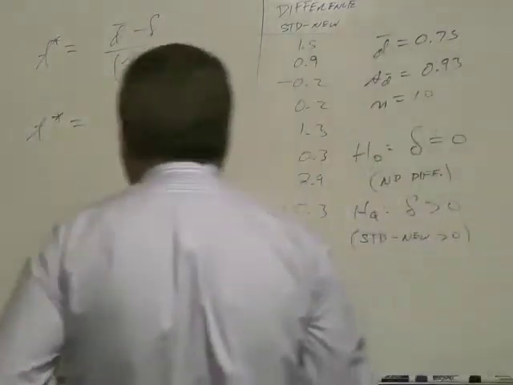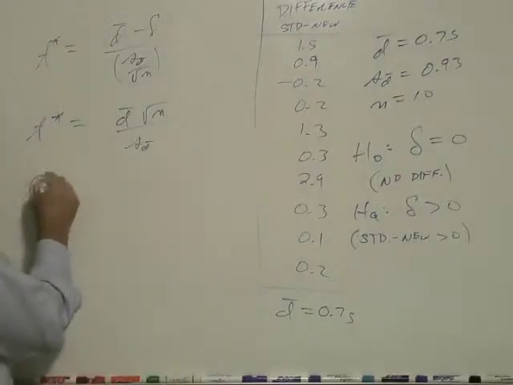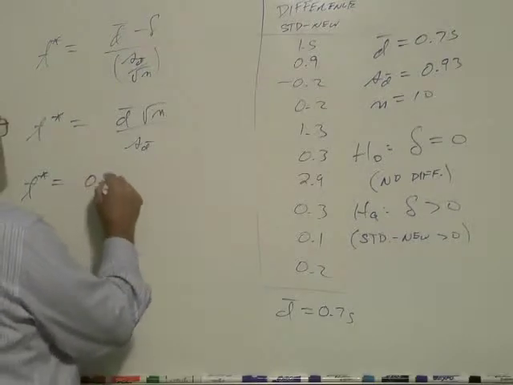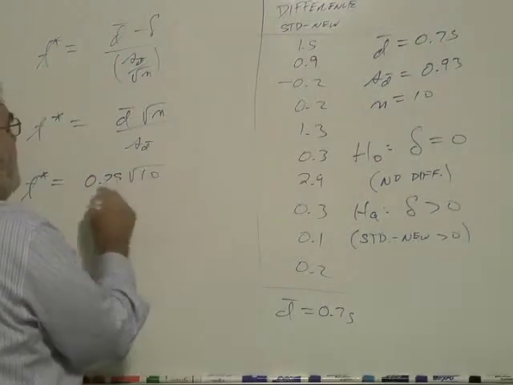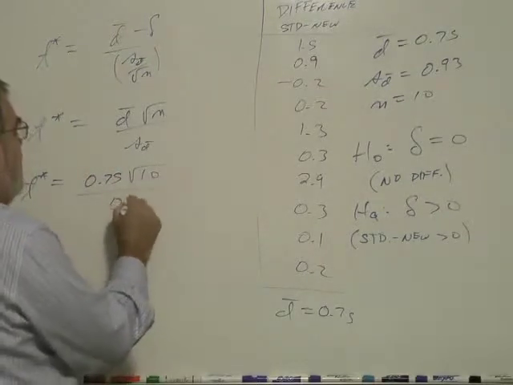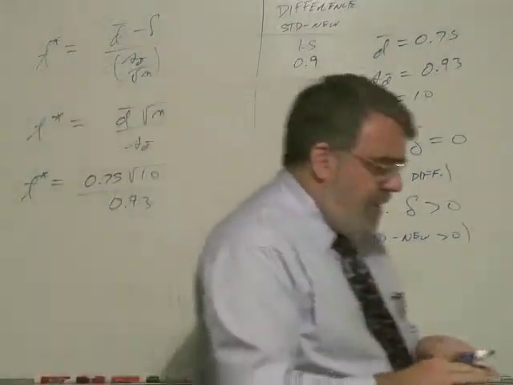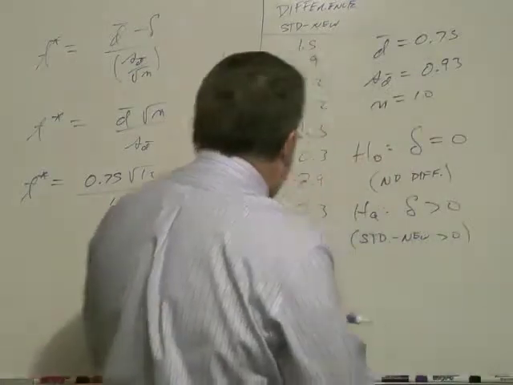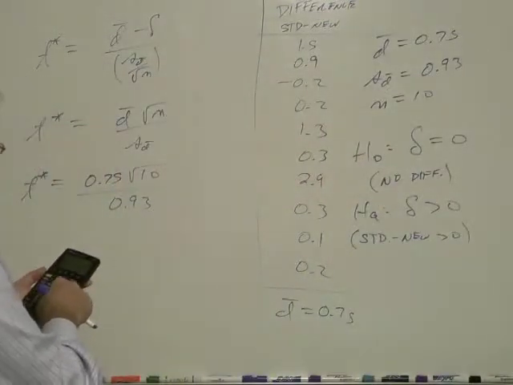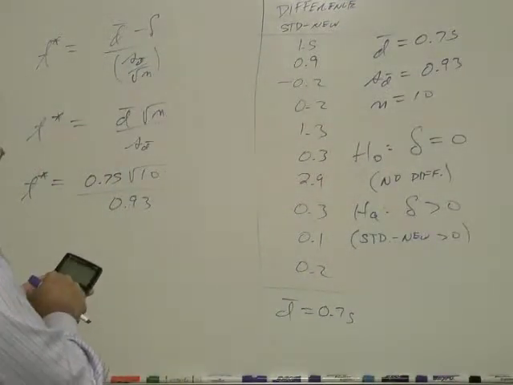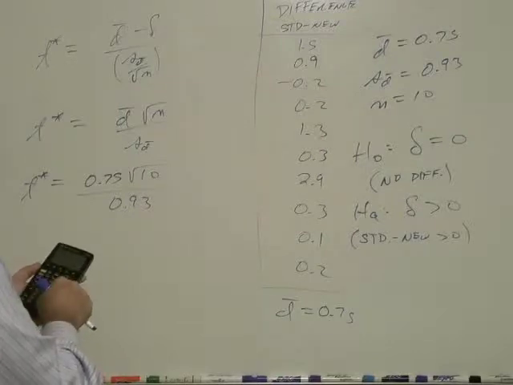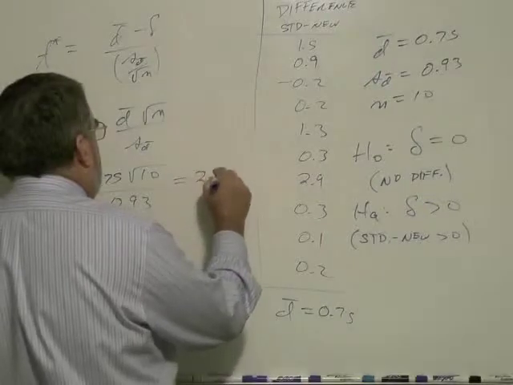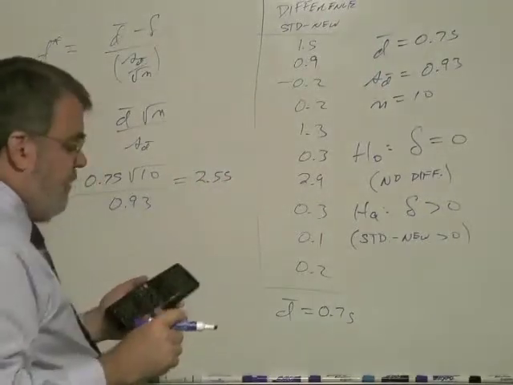And we plug those numbers in. The t-score is 0.75 times the square root of 10 divided by 0.93. Going from memory, I think it's 2.55. Let's double check here. 0.75 times the square root of 10 divided by 0.93 is 2.55. There we go.